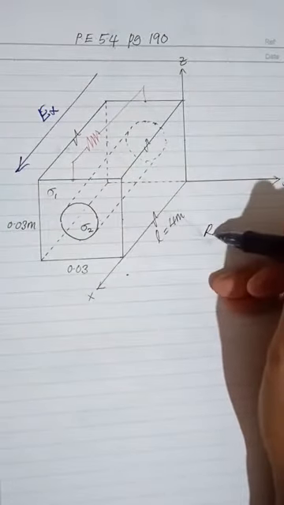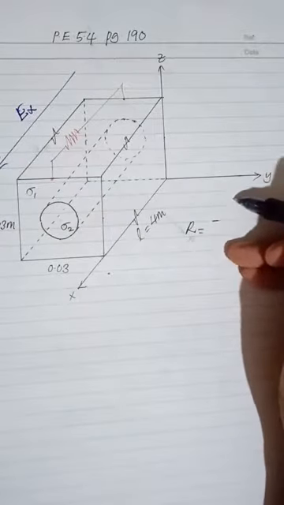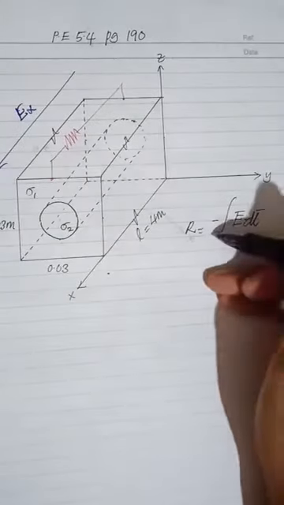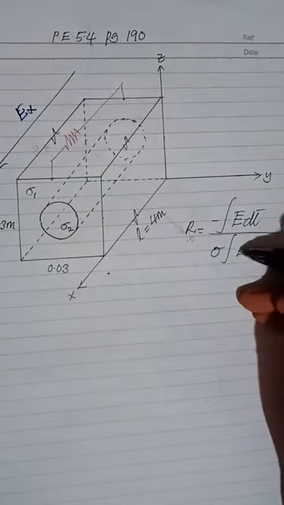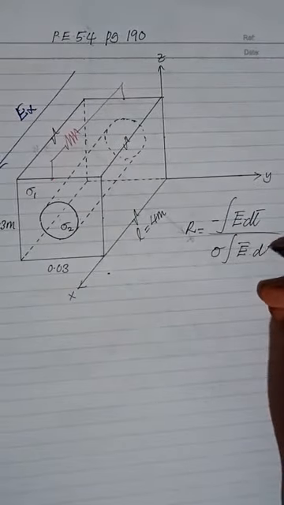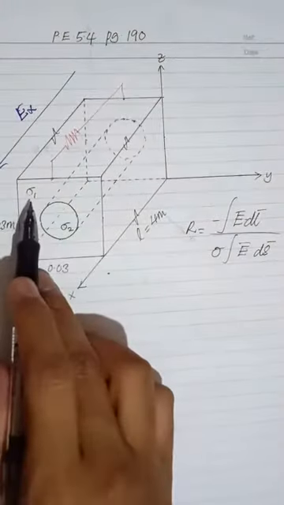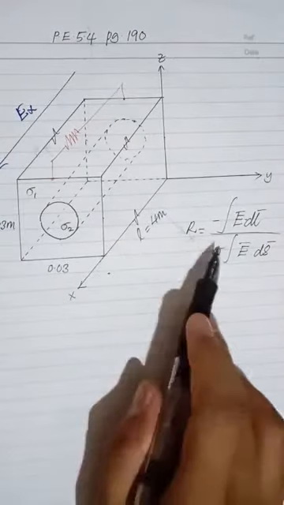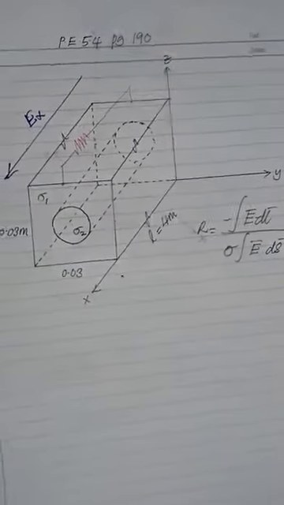The R becomes a negative integration of E dot dl over sigma integration of E dot ds. And we know that in this structure we have two R: R1, which is due to the first material with our first conductivity value, and R2, which is due to the second conducting material.